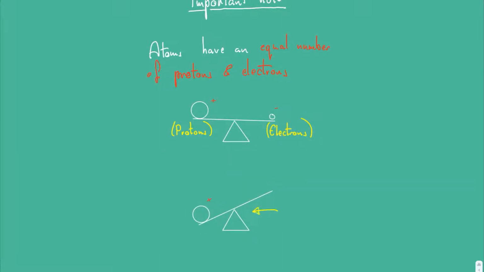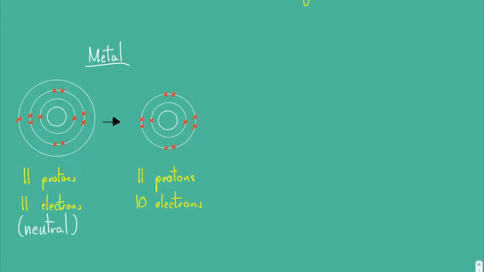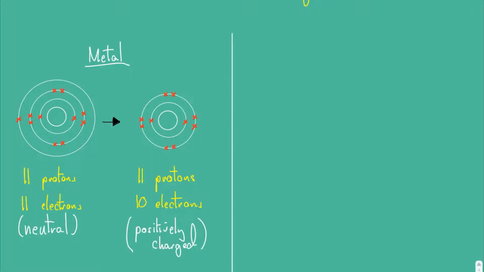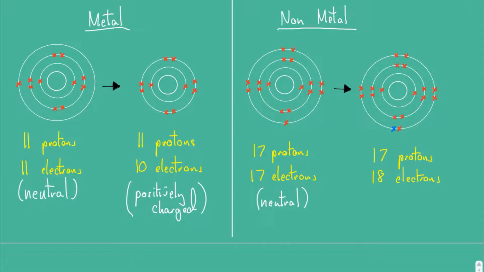If we look at the metal representation, as we said, metals tend to lose their electrons, and that's going to result in more protons than electrons, and as a result, that particle now becomes positively charged, whereas a non-metal will gain more electrons, and as a result, there are now more electrons than there are protons, and the non-metal atom becomes negatively charged because there's more electrons.